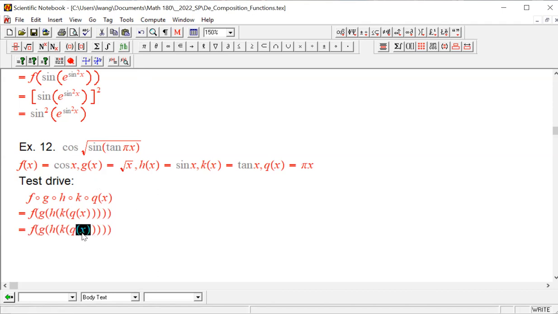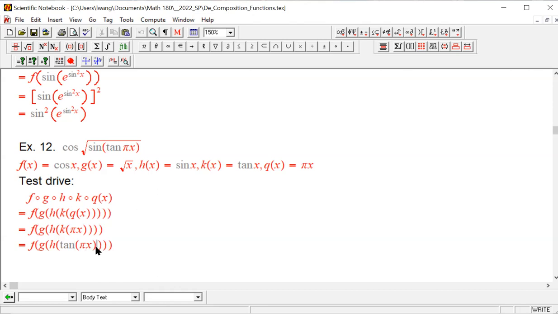So what is q? q is the inside, right? So that's pi x. And then we're going to apply the rule of k. What is the rule of k? The rule of k is tangent x. So for this k, the input is pi x. Whatever input for k, we're just going to apply the tangent rule to it. So this is going to be tangent pi x.